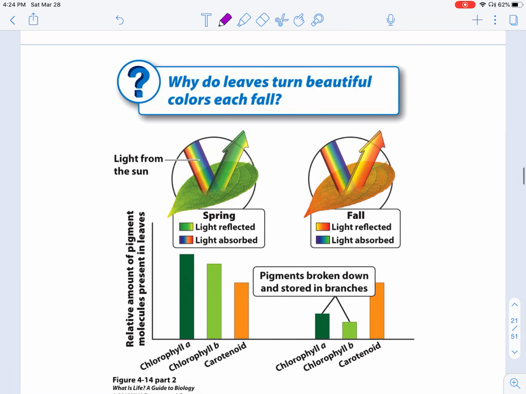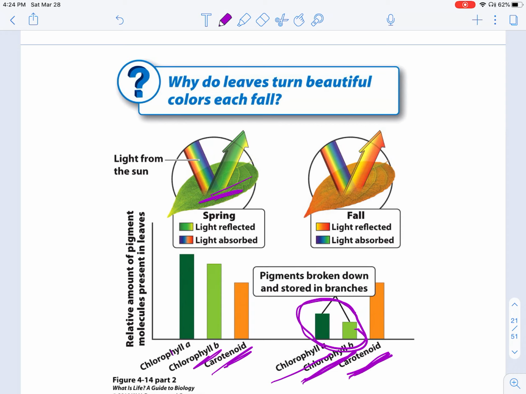Here in the fall, what happens? So in spring, we have high levels of chlorophyll A, high levels of chlorophyll B, lower levels of the carotenoids, but still some. And so you're absorbing everything but green, and so we see green leaves. In the fall, what happens? The plant breaks down chlorophyll A and chlorophyll B, so there's less of that being produced, but it maintains its carotenoids.